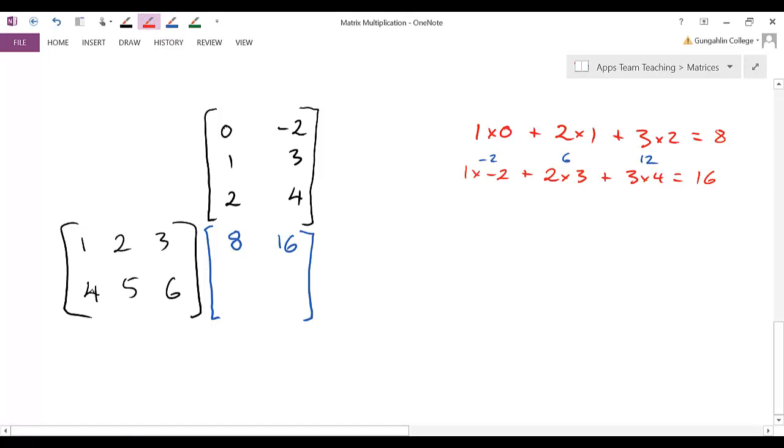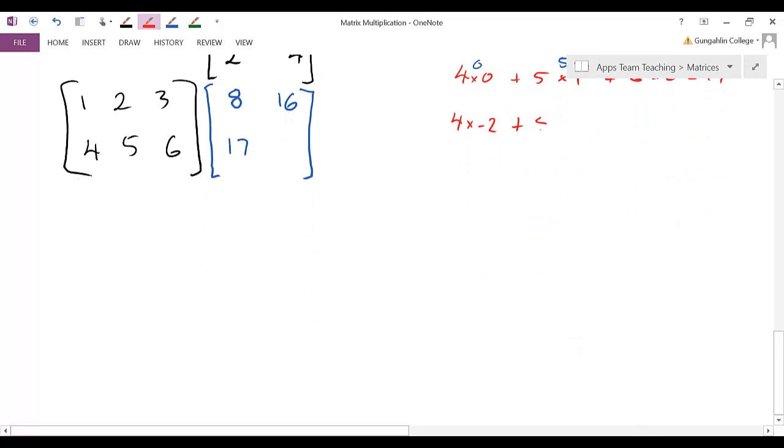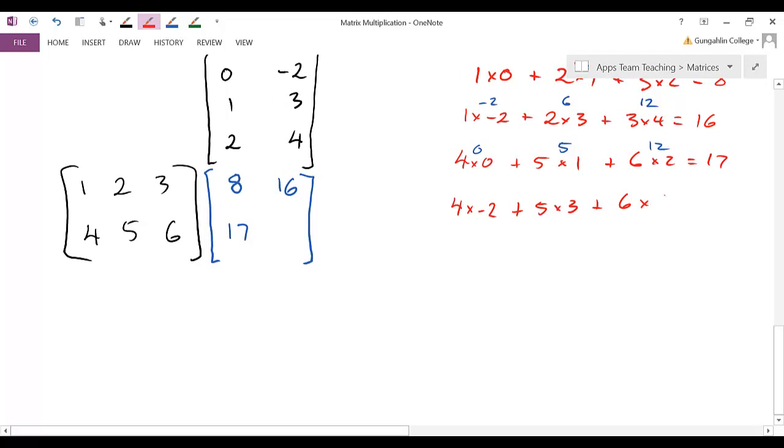Okay, next element. 4 times 0, 5 times 1, and 6 times 2. Again, 0, this one's 5, this one's 12. 0 plus 5 plus 12 is 17. And the final element of the matrix, 4 times minus 2, 5 times 3, and 6 times 4.